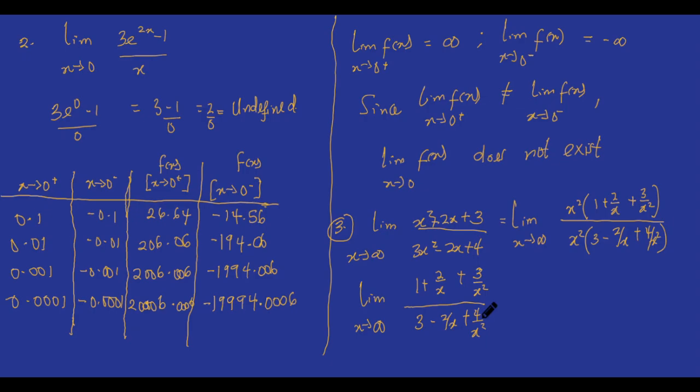Now, what if we substitute infinity in this case? The values of 1 in the numerator and 3 in the denominator won't be affected because they will remain the same. But if we substitute it into 2 divided by x, that's the equivalent of saying 2 divided by a very large number that can't be quantified. So let's even assume a number like 1 trillion. 2 divided by 1 trillion is going to give us an extremely small decimal. 1 trillion is 10 raised to the power of 12.